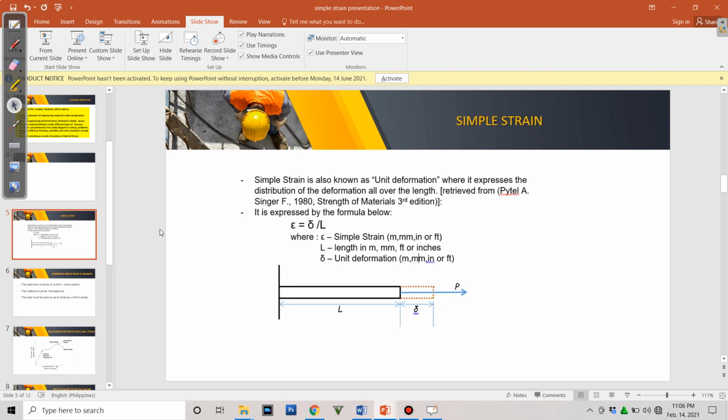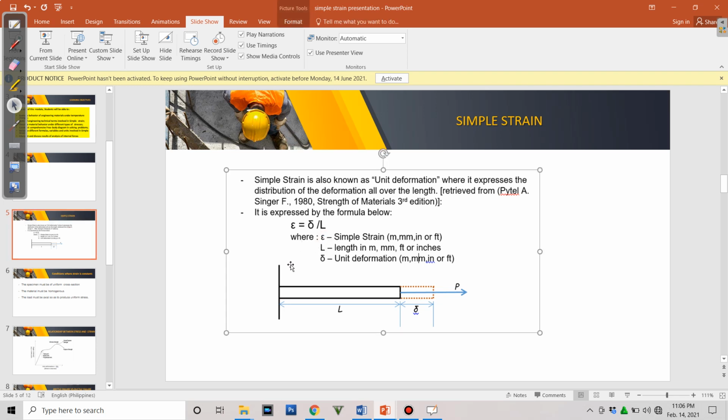Simple strain is also known as unit deformation, where it expresses the distribution of the deformation all over the length. It is expressed by the formula below: epsilon equals deformation over the original length.